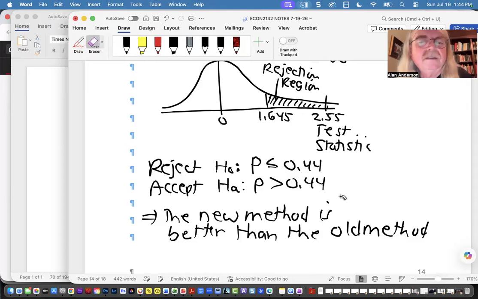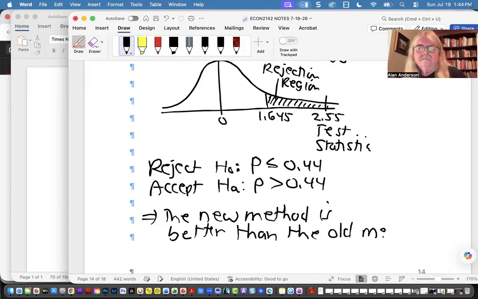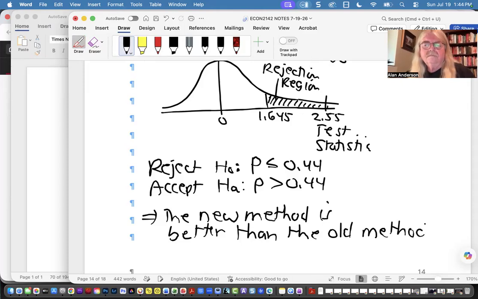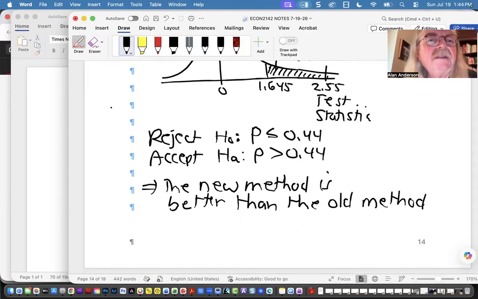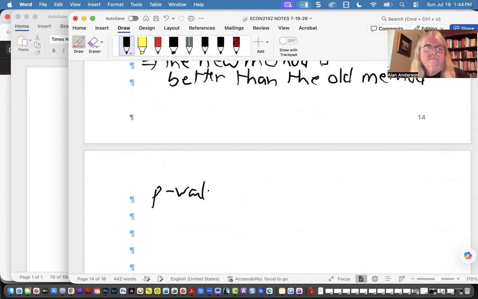All right, and now we can go ahead and use our p-value.